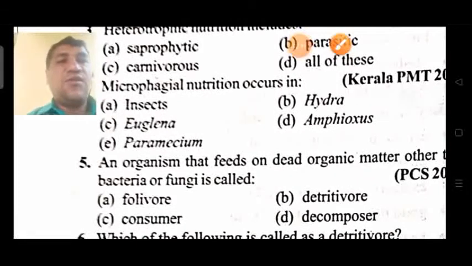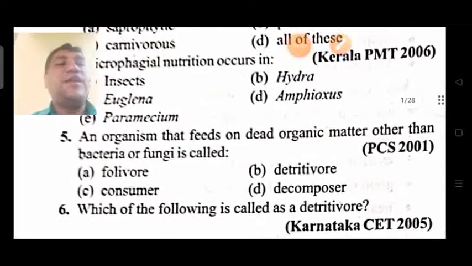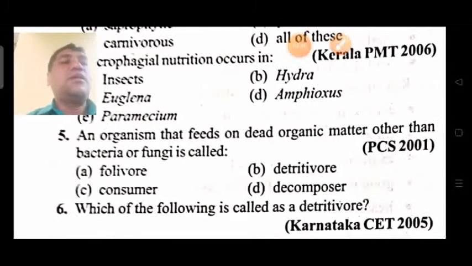Next question, the fifth question: an organism that feeds on dead organic matter, other than bacteria or fungi, is called a folivore, detritivore, consumer, or decomposer. You know that a decomposer, like an earthworm or bacteria, decomposes dead and decaying matter. A folivore depends on other organisms as a secondary unit.